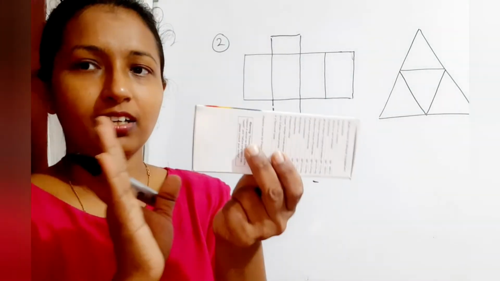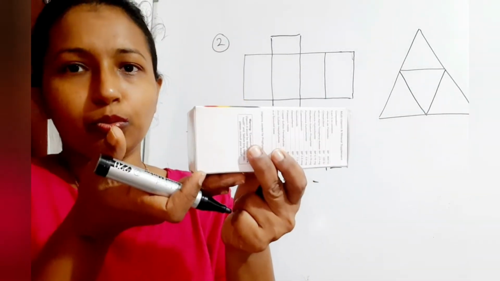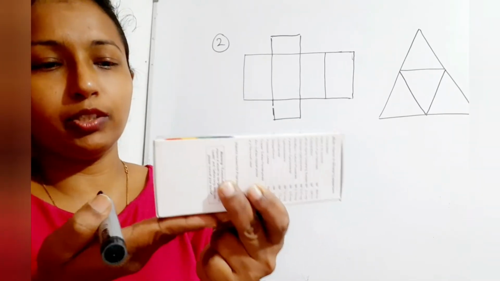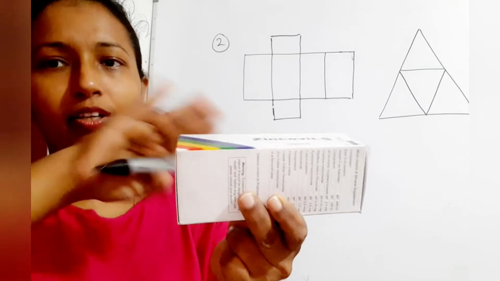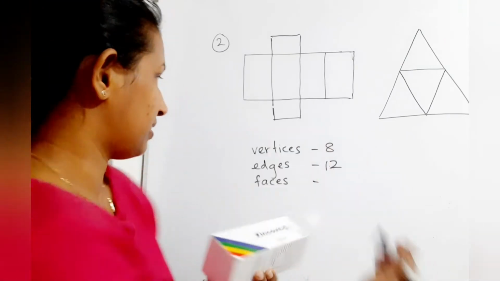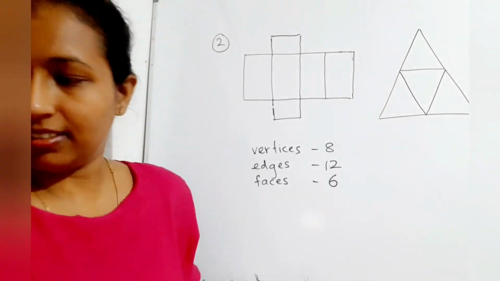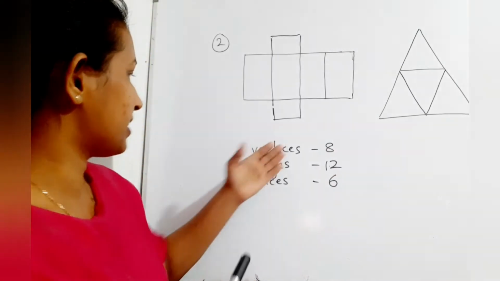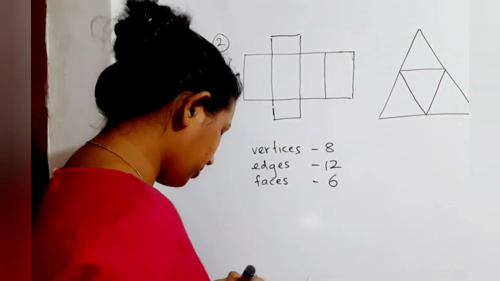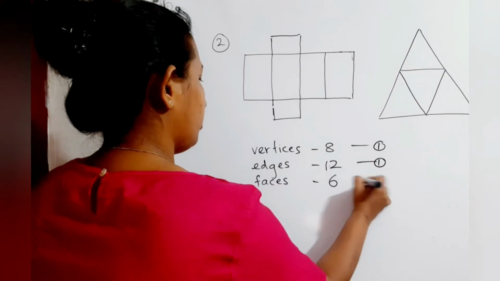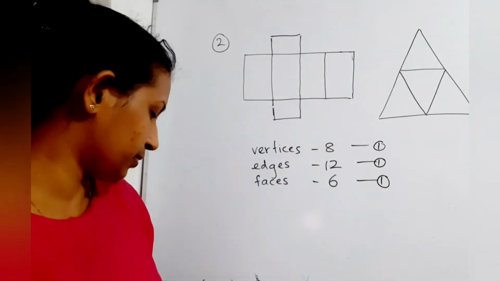Faces: 1, 2, 3, 4, 5, 6. Faces 6. Then you can clearly understand the number of vertices, edges and faces. Then you will be given 3 marks for that one, 1, 1, 1. 3 marks for that part.